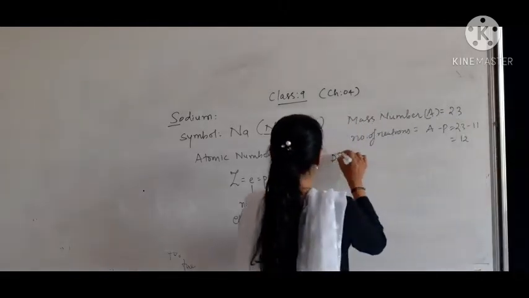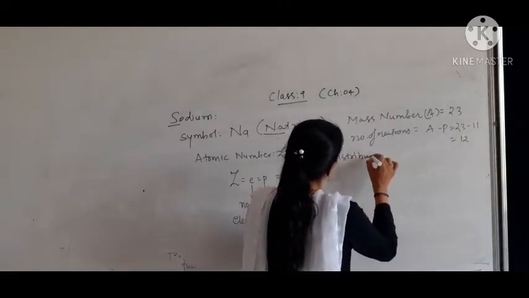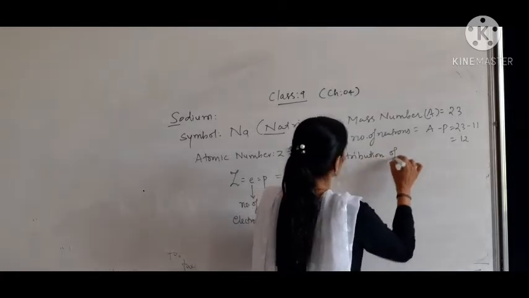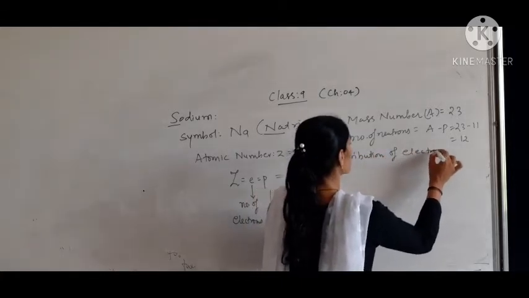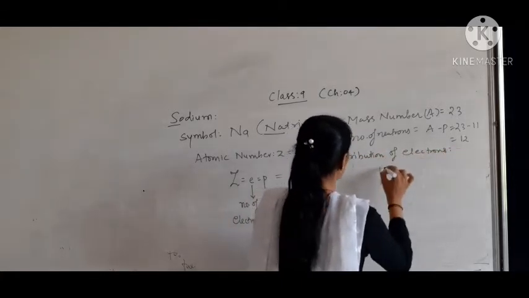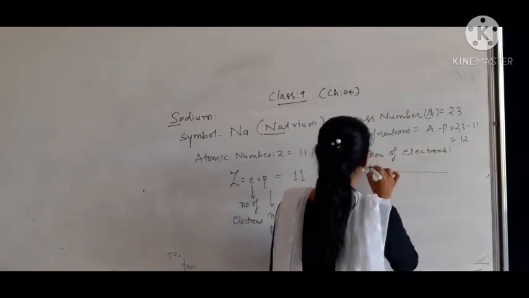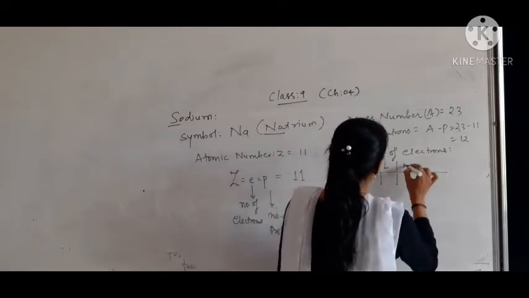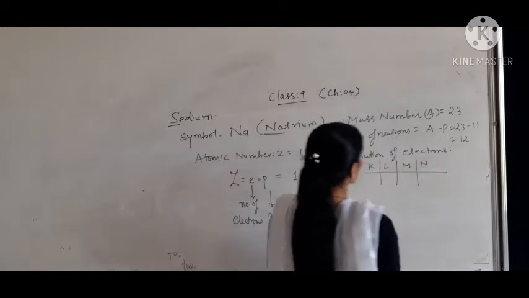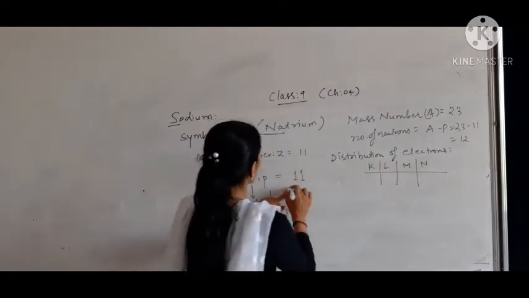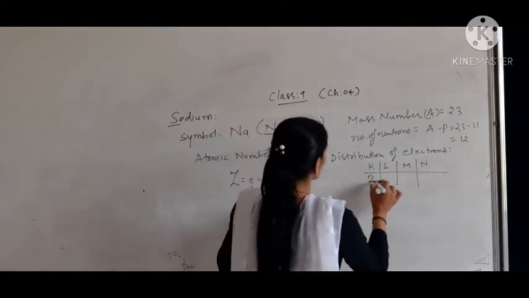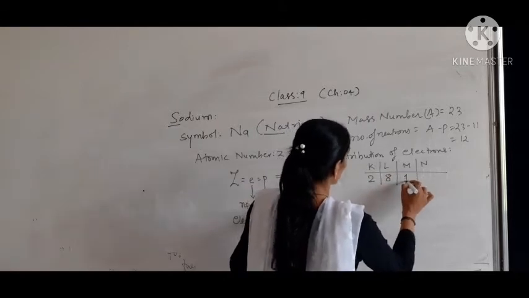Now the distribution of electrons. How are we distributing the electrons in K shell, L shell, M shell and N shell? Children, now how many electrons do we have? 11. So 2 plus 8, 10 plus 1.